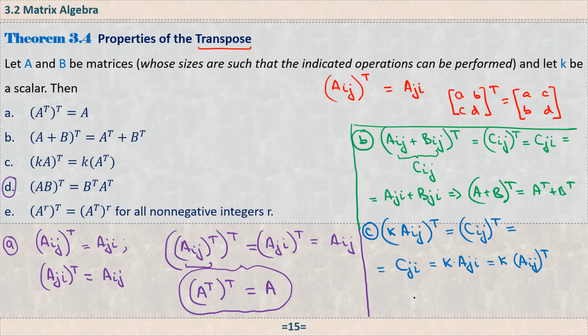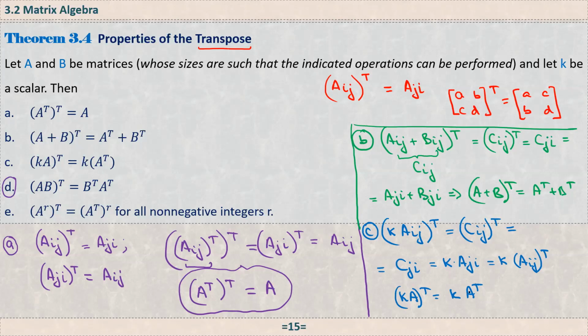Now we can conclude that (kA) transpose is equal to k times A transpose. That means that if you're given matrix A and you multiply by a constant and transpose this, it is the same as first transposing it, then multiplying by k. It gives us the same result.